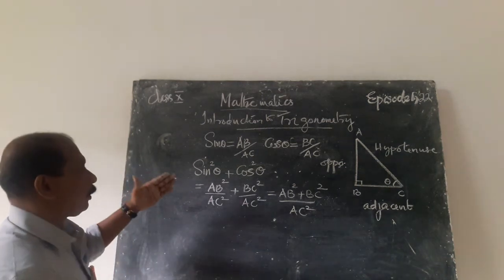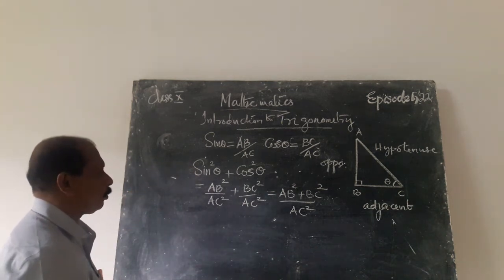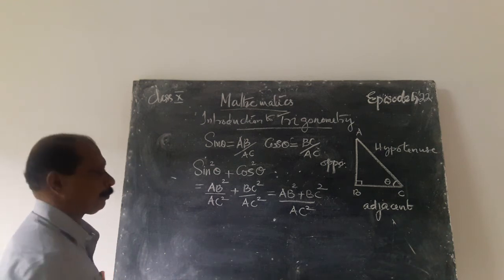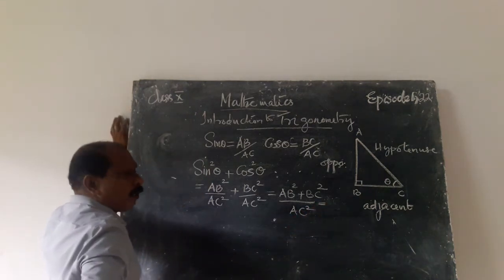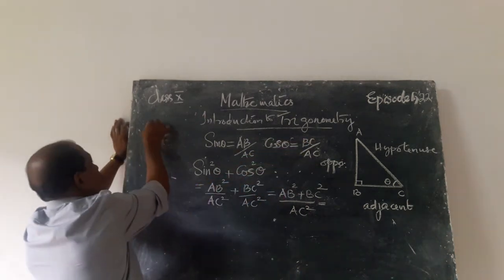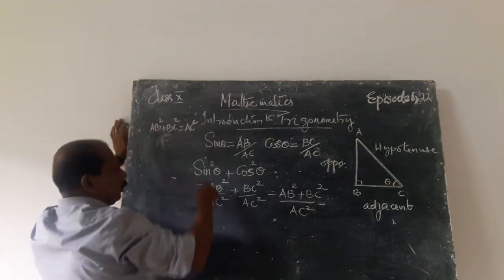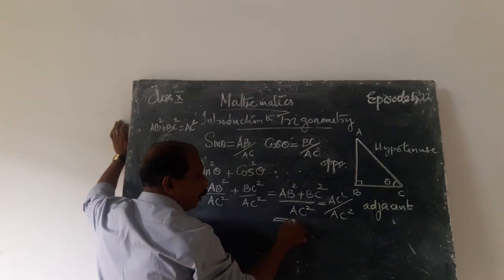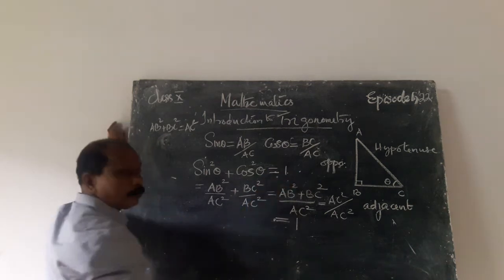Okay, that means sin square theta plus cos square theta is equal to AB square plus BC square by AC square. What is AB square plus BC square? That is AC square by Pythagoras theorem. That is, Pythagoras theorem is AB square plus BC square is equal to AC square. Therefore, this is AC square by AC square. What is it? Any number divided by that number is 1. That means sin square theta plus cos square theta is equal to 1.